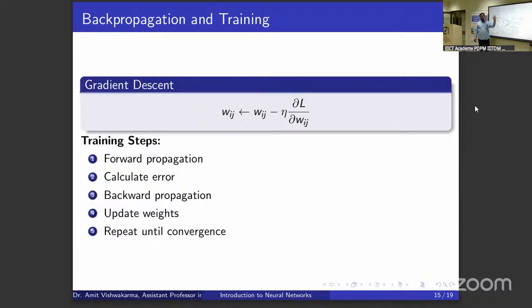If you see carefully, we obtain this Z1, whose output is A1 or A2, whatever notation we use. So the updation of this weight depends upon this updation.